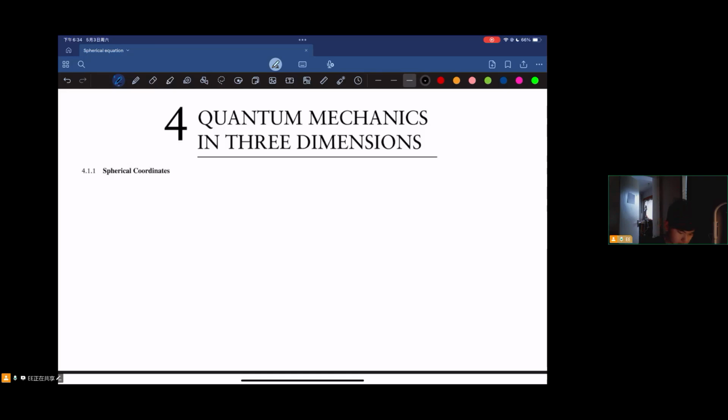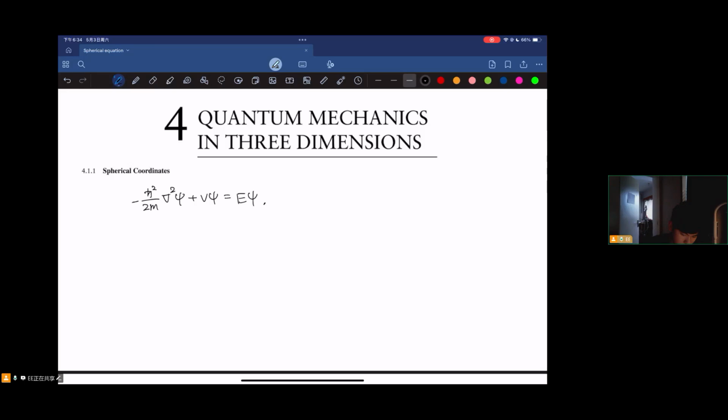Let's start with the time-independent Schrodinger's equation, because in this book most of the time what we are concerned about is the time-independent Schrodinger's equation. This is the form of the three-dimensional time-independent Schrodinger's equation.